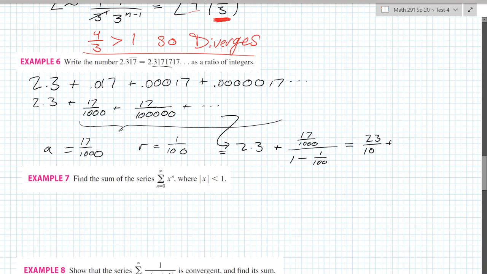That on the bottom is 99 over 100, so I've got 17 over 1,000 times 100 over 99, canceling out some zeros. Looks like we have 23 over 10 plus 17 over 990. After you get a common denominator, you have it. You can type that in and use your fraction button on your calculator if you don't feel like working it all the way out.